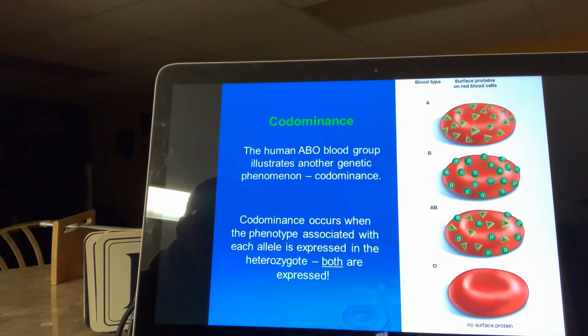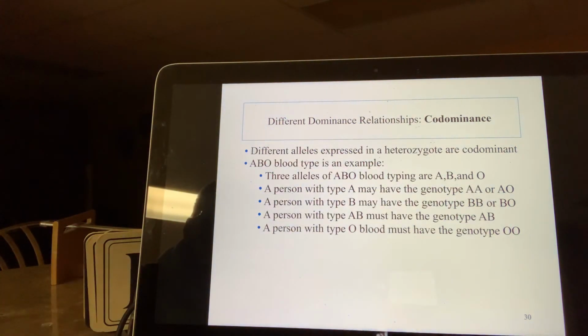The classic example of that is the alleles allowing for the A and B antigens to be produced on red blood cells. If you have type A blood, then your genotype has to be either big A, big A, or big A, O, because there are 3 alleles in the ABO blood typing.